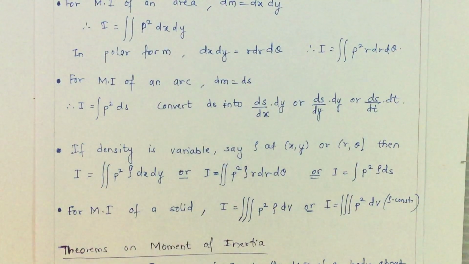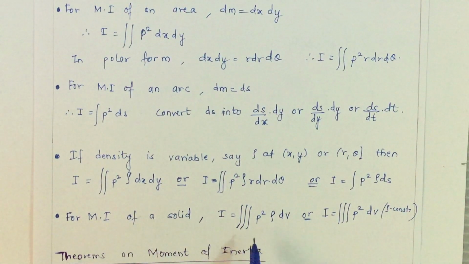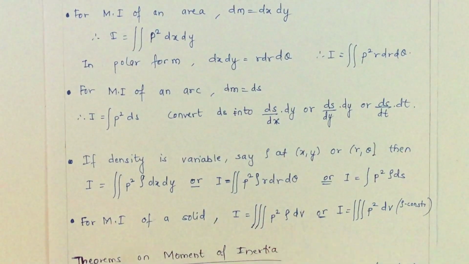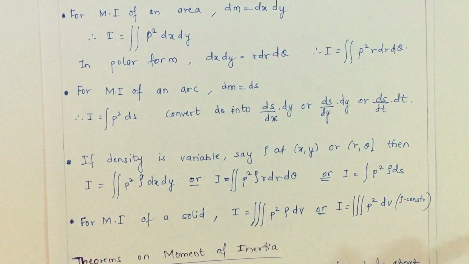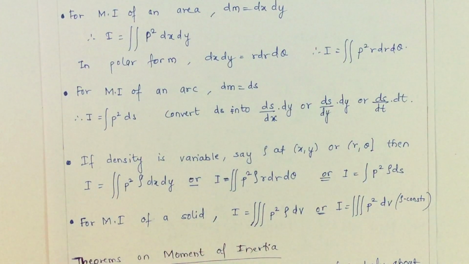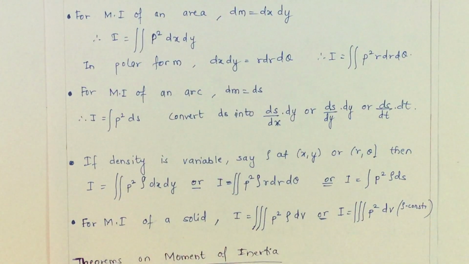Now what will be the moment of inertia for solids? It is again a triple integral, since solids go into triple integration: triple integral p square dv, or p square rho dv if the density rho is given to you. So these were some basic formulas we have seen to evaluate moment of inertia. Let us see an example.